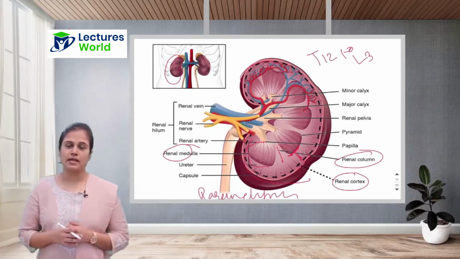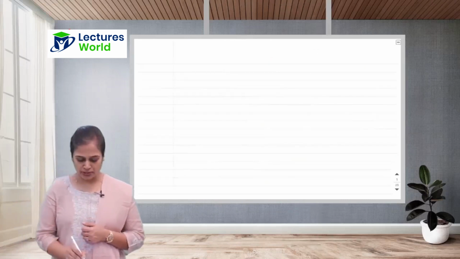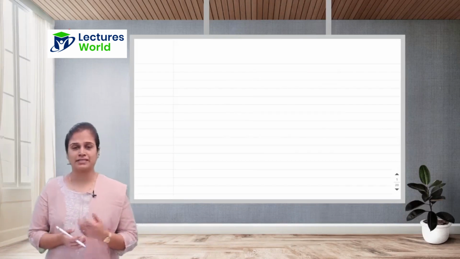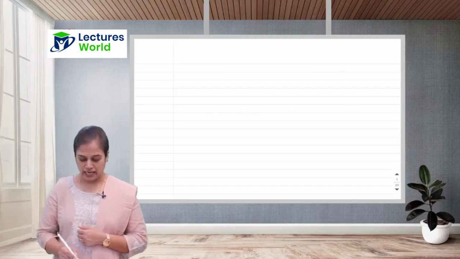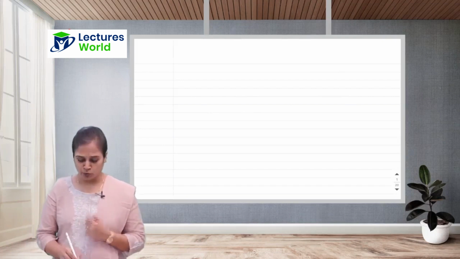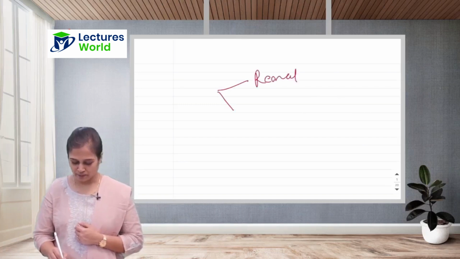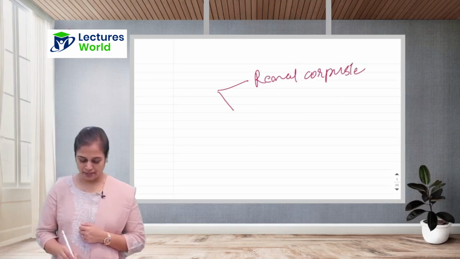Nephron is the basic functional unit of the kidney, which are 1 million in number, and it has two basic structures. First is the renal corpuscle, and the second is the renal tubule.